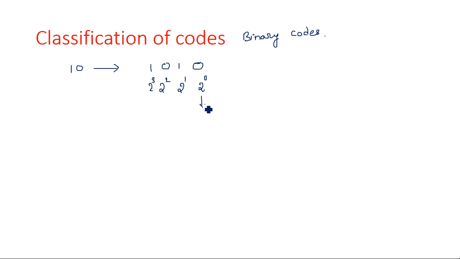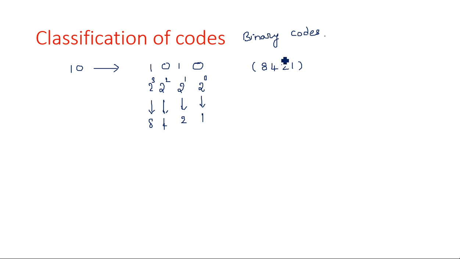The equivalent number of 2 power 0 is 1, 2 power 1 means 2, 2 power 2 means 4 and 2 power 3 means 8. So such a number which we generally write is known as 8421 binary code.